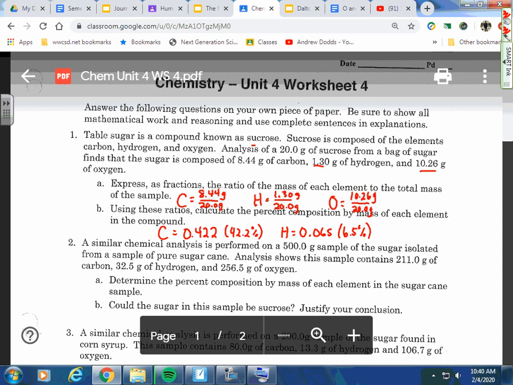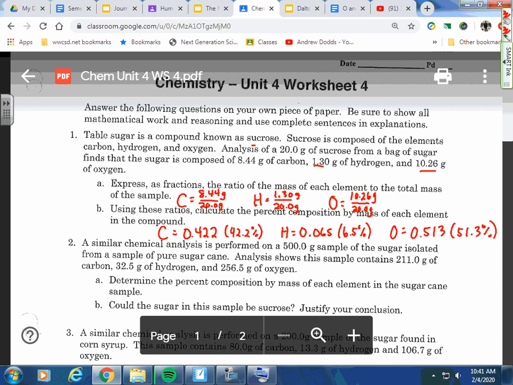And then oxygen is going to be 10.26 divided by 20, and that comes out to be 0.513, or 51.3%.